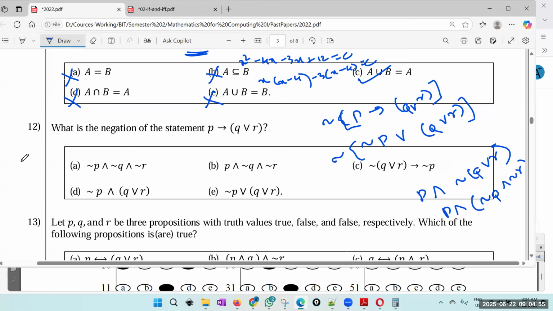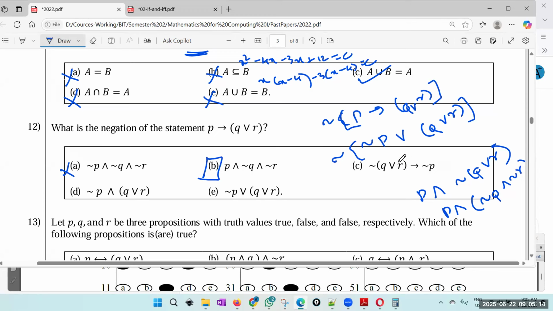This is also not correct. This is also not correct. B, P and not Q and not R. Yes, B is correct.